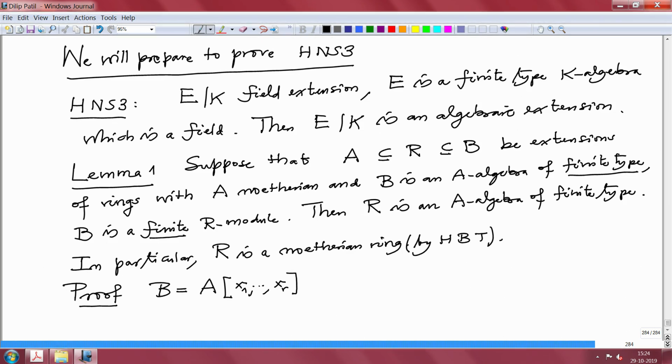So the same B, as a module over R, is generated by finitely many elements, that is, linear combinations of finitely many elements y1 to ys.